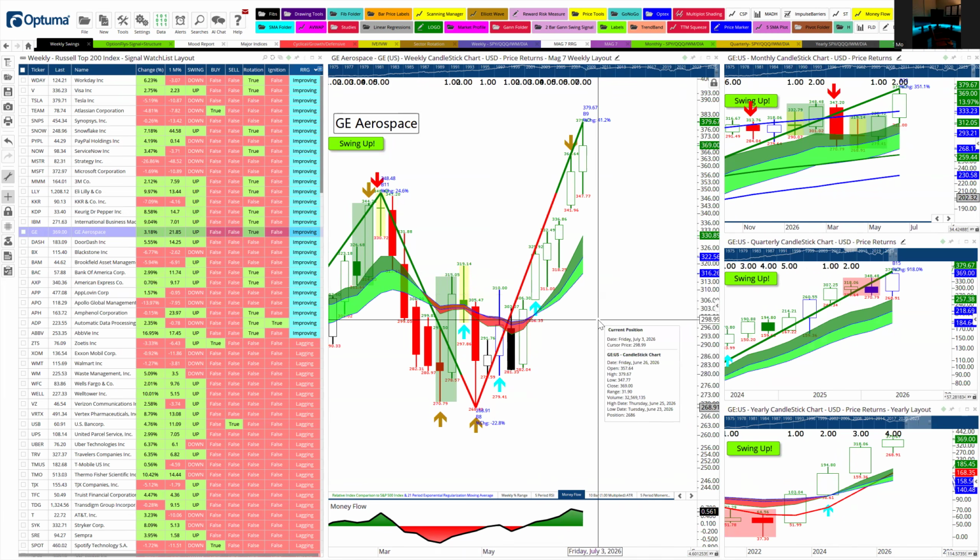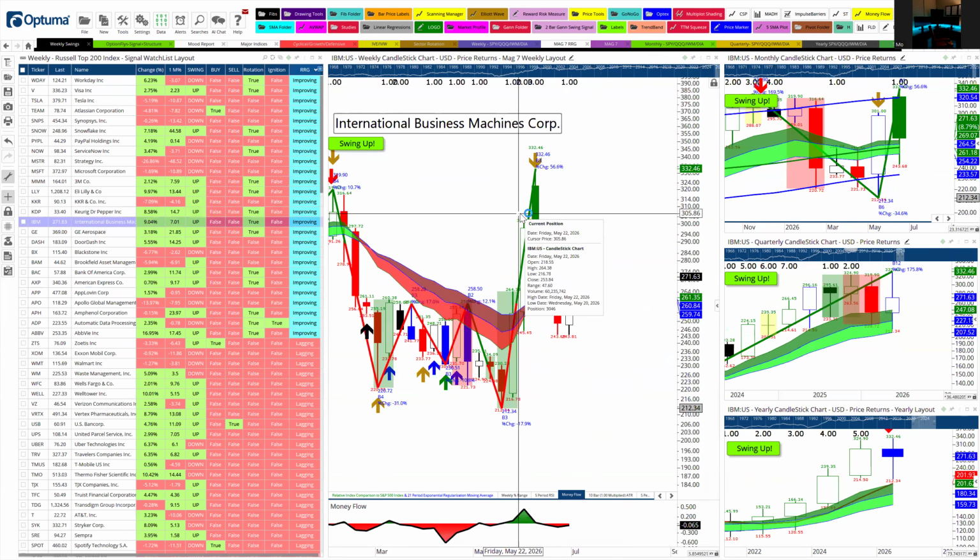The second I click on a one side, you see green bands, green ribbons going up, swings are up. It's just money flow positive. These are healthy, good looking charts. Something that we trade. IBM is okay.